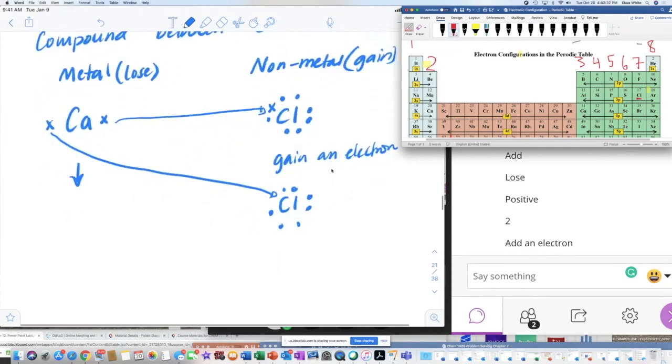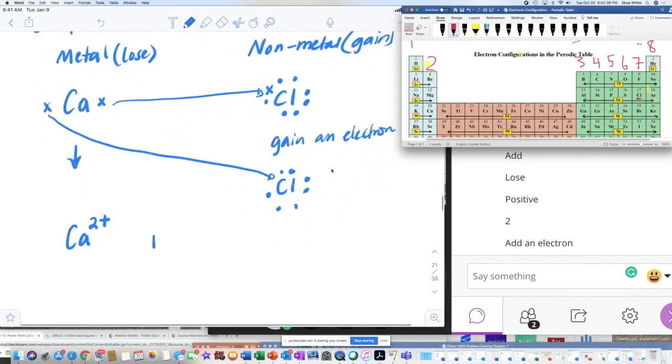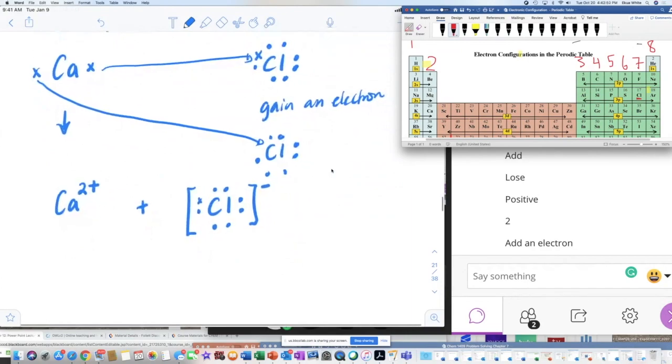So in the end, after calcium loses both electrons, we're left with Ca2+, and the chlorines now each have 8 dots, and we end up with two of these chlorines with a negative charge.